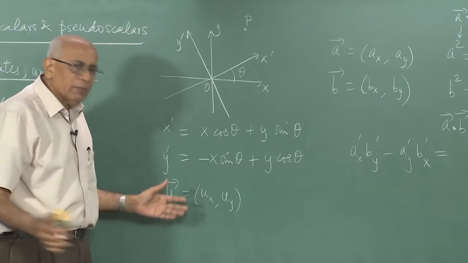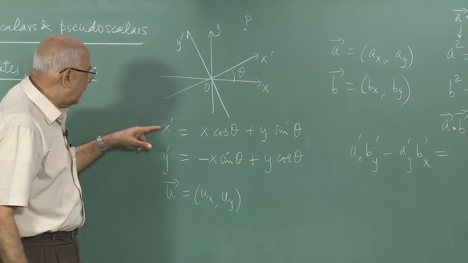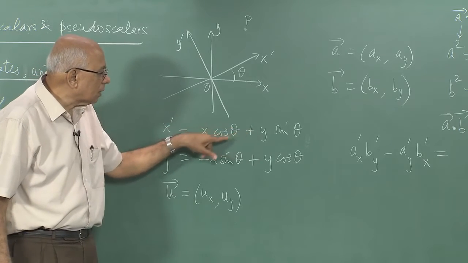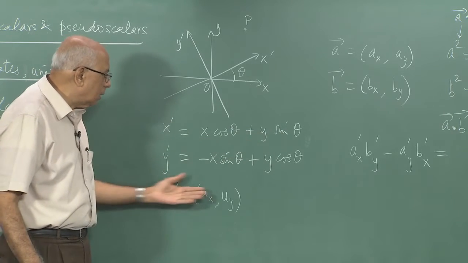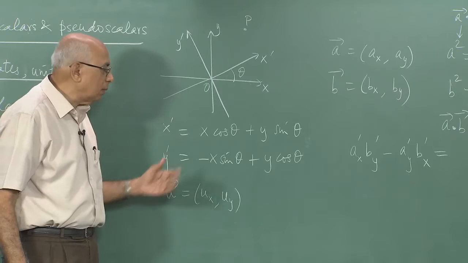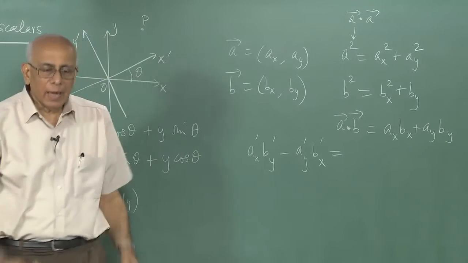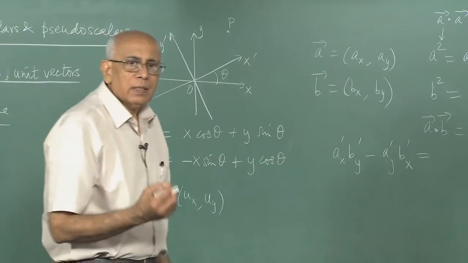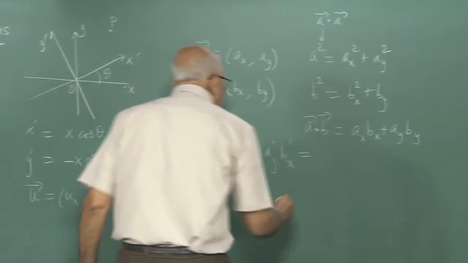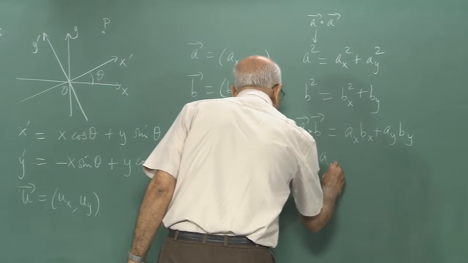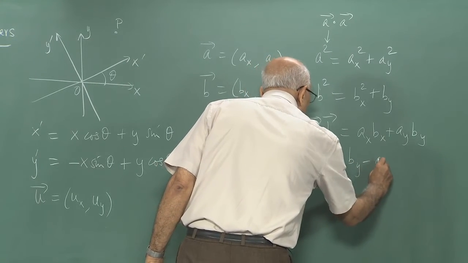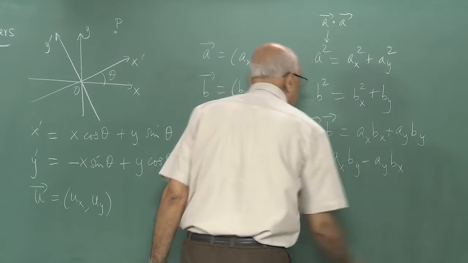So you have a little bit of algebra to do. You would have to write ax prime is ax cos theta plus ay sin theta, and similarly for bx prime and by prime. Put that all inside this and do the simplification, and it is a simple exercise to show that this will turn out to be equal to ax by minus ay bx.